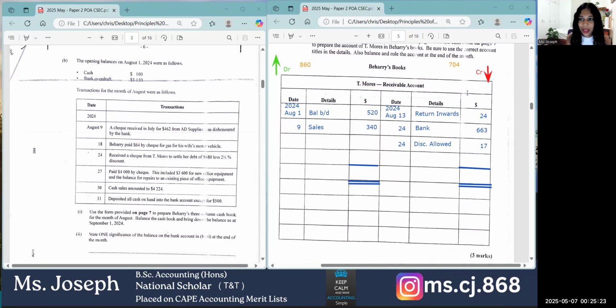Again, just writing it there. If this were your exam, you could write it in pencil and then erase it after. The greater total is going to be 860. So 520 plus 340 is 860. I'm going to put that on both sides in line horizontally with the double line underneath.